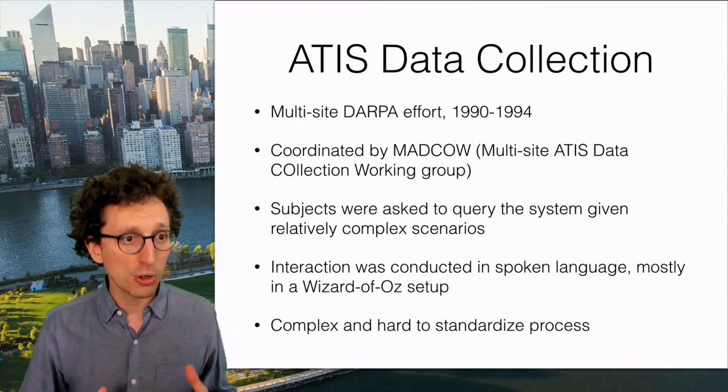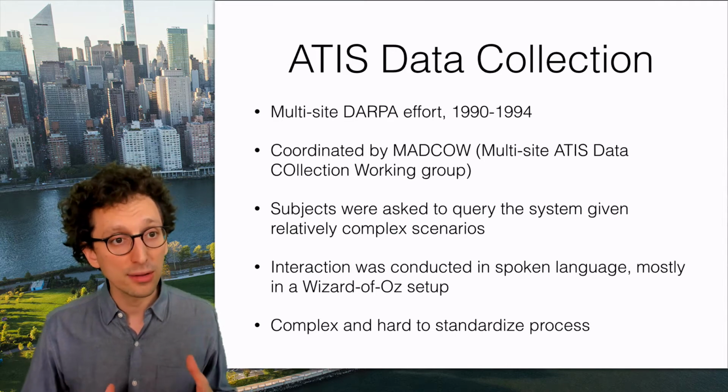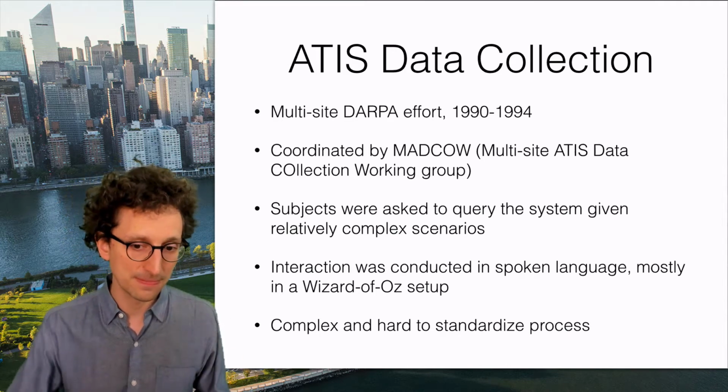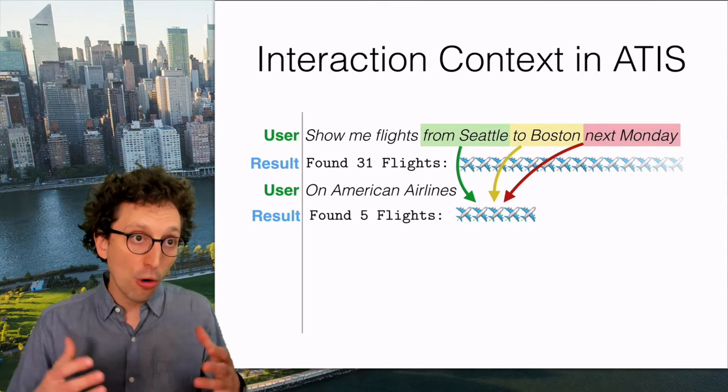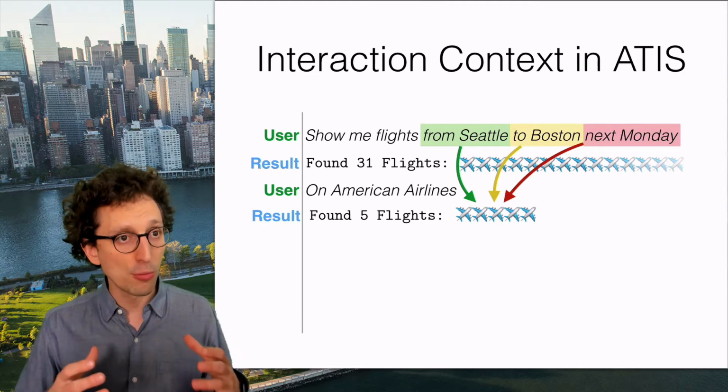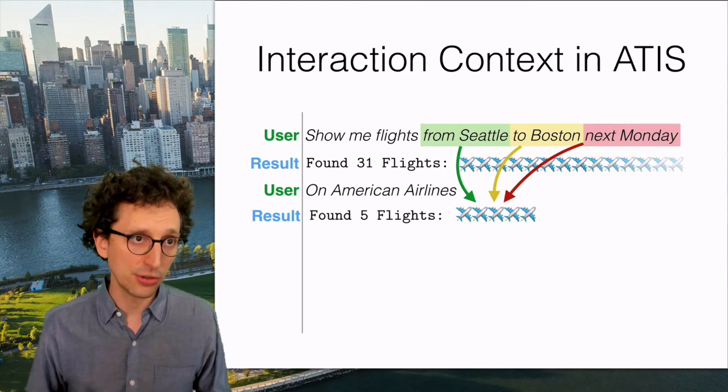Now, this is a complex process. It was very hard to scale and extremely hard to standardize, and there were variants across the different sites. The core focus of ATIS is understanding of compositional language in the context of the interaction.